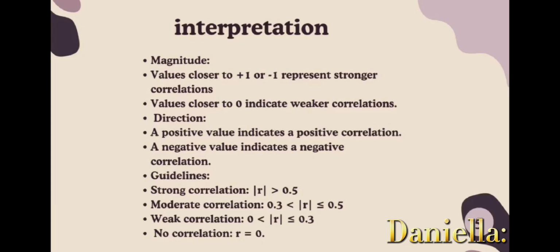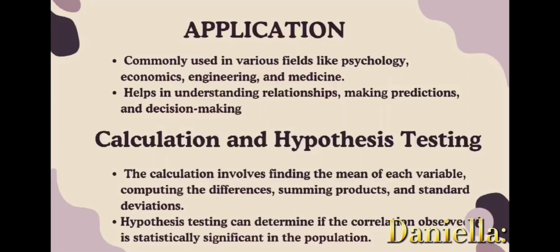For guidelines, strong correlation: R is greater than 0.5. Moderate correlation: R is greater than or equal to 0.3 and less than 0.5. Weak correlation: R is greater than 0 and less than 0.3. No correlation: R is equal to 0.